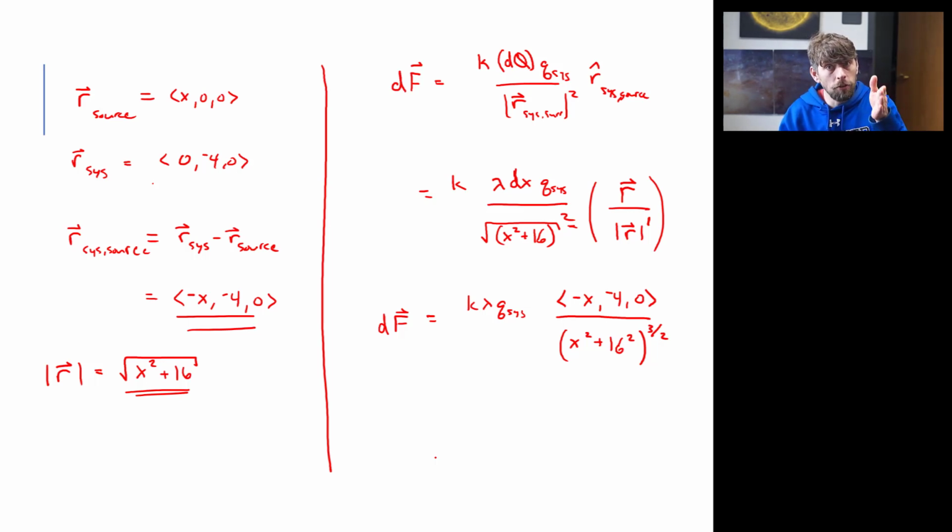Now I need to go through and add up all of the contributions from all of the source charges. In other words, we say that the net force is the summation of all these little individual forces. Okay. Very good.